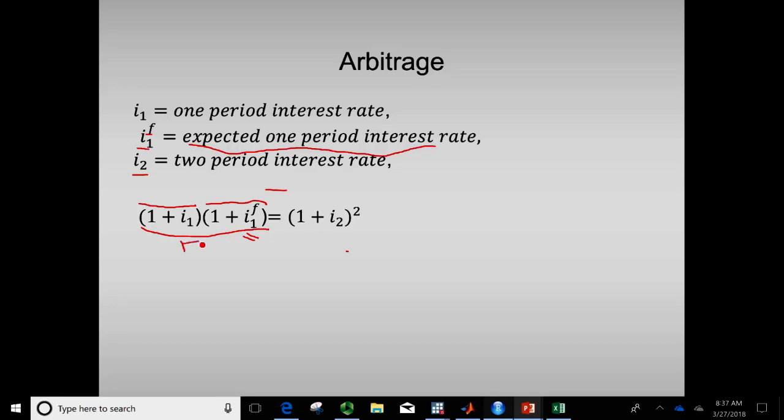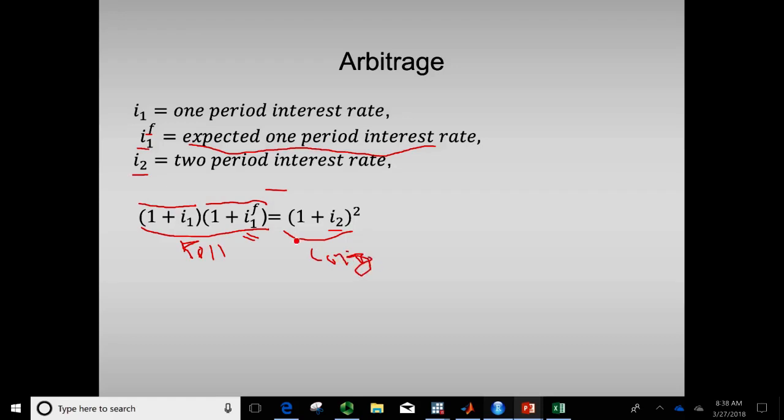I'll just write roll. That's your rollover strategy. This strategy is your long bond strategy. Just buy a 2 period bond today, lock in that compounding rate of interest I₂, and be done with it. So that's what we'll call the long bond strategy.